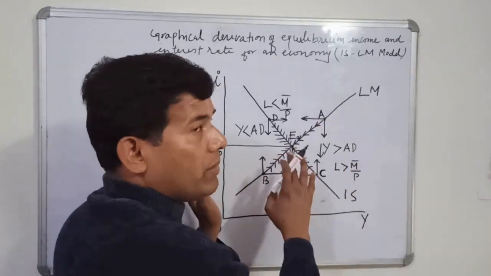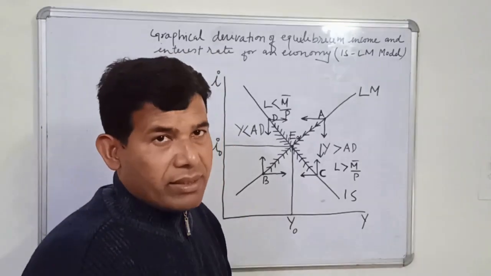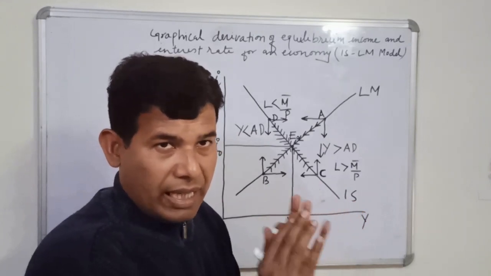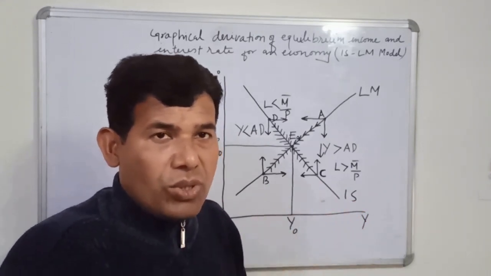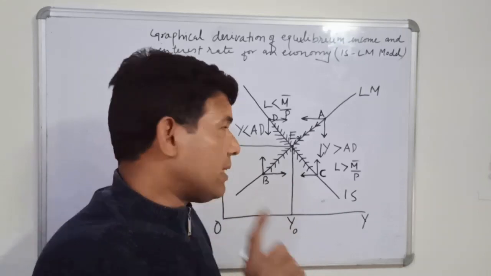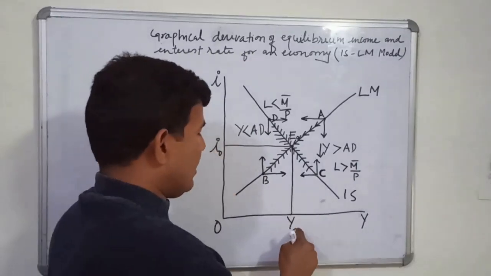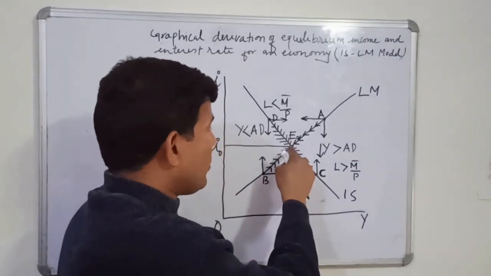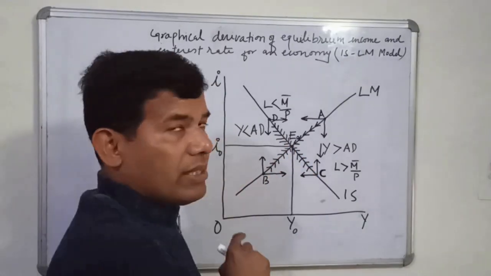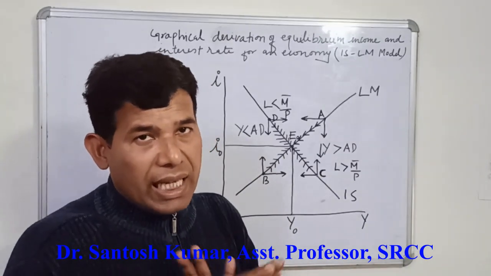But if you are away from that, the economy would experience changes in income and interest rate, and those changes will keep taking place till the economy reaches this combination of interest rate and income. And that is why we call this the equilibrium point, and we call these combinations the combinations at which goods market and money market both are in equilibrium.